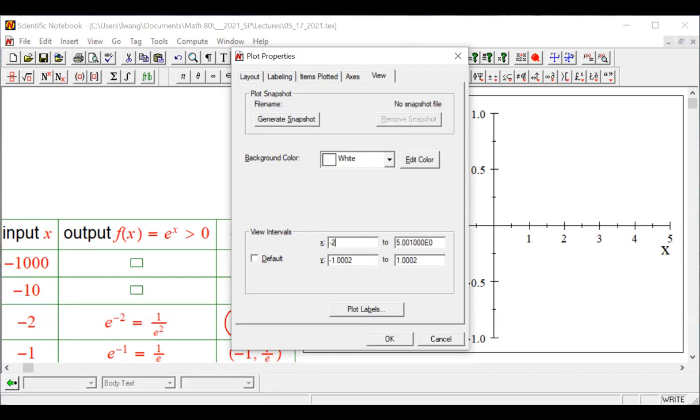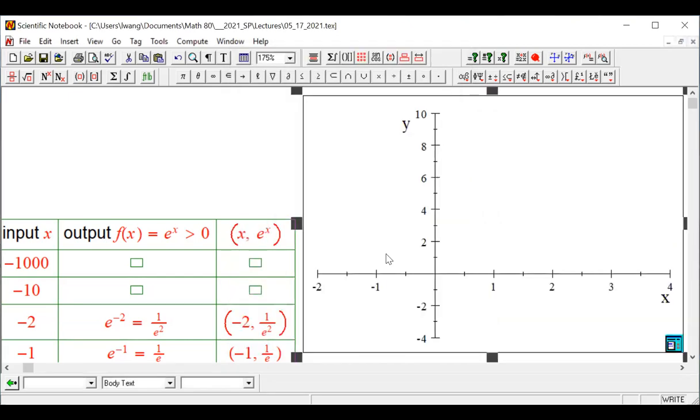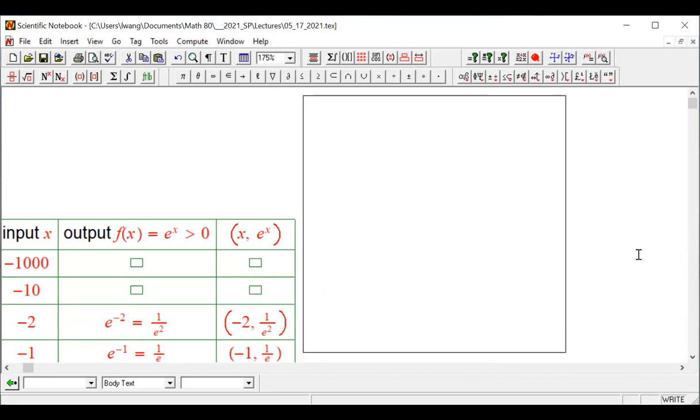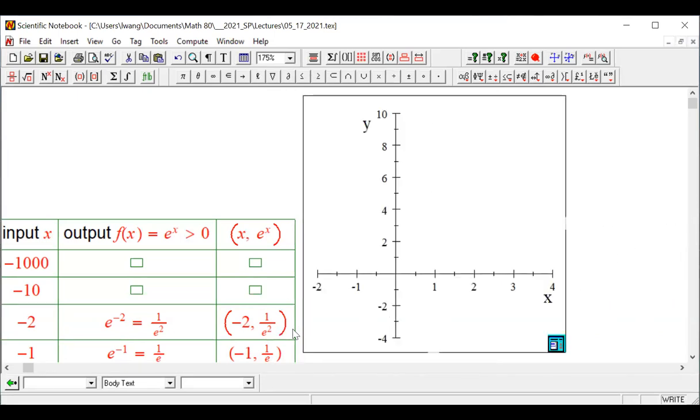Make a -2 then. And over here, maybe 4. On this side, I'll make it -4. The other side, I'll make it 10. Right? Okay. So each has its scale, and I'm going to plot the points.